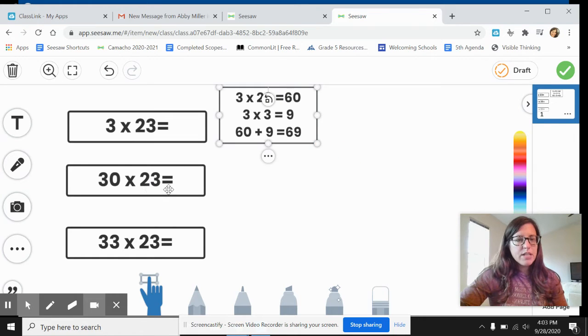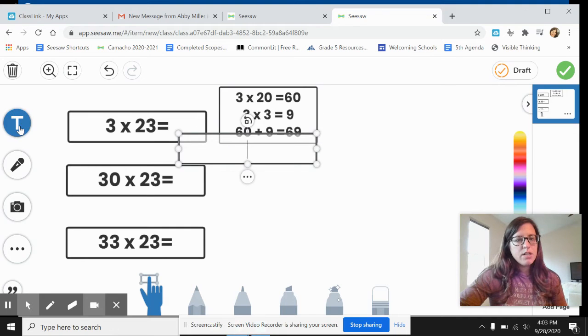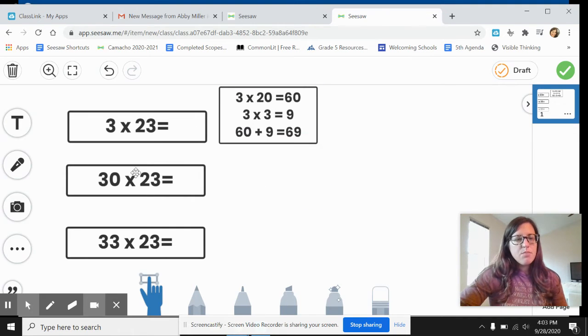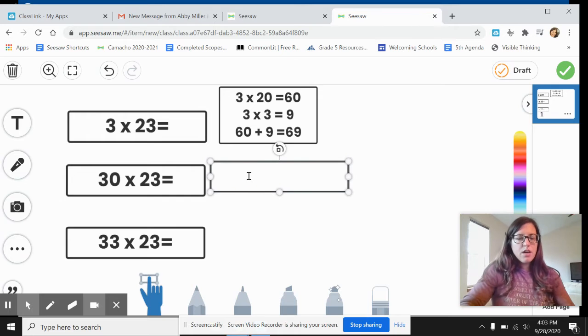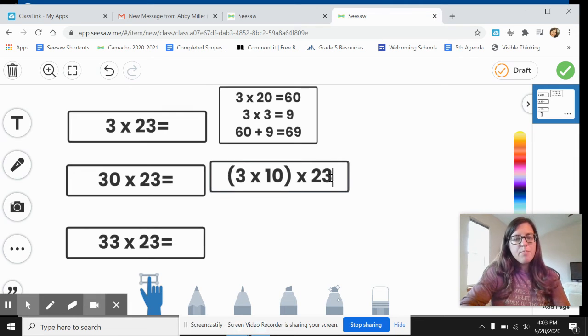Now I'm going to move on to this one. And one of the things I'm noticing about this one is I can break apart the 30 into 3 times 10. Is that still 30? Yep. But now when I multiply that by 23, I know in multiplication I can multiply in any order.